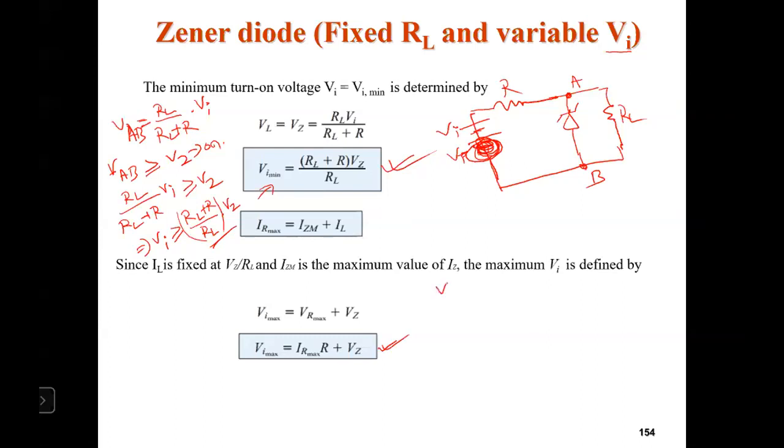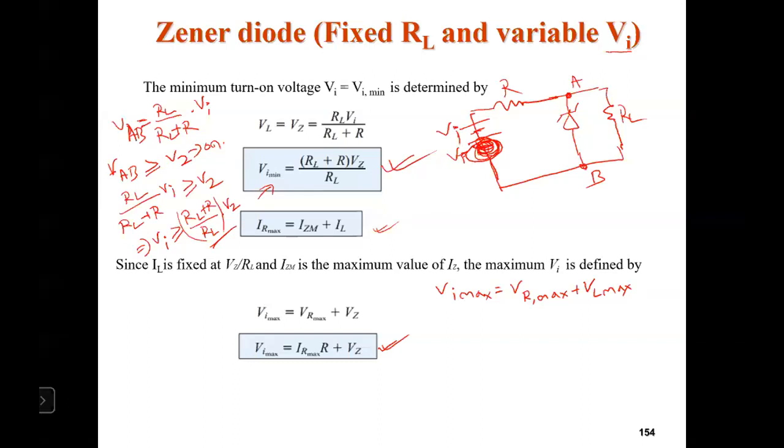You know that your Vi max will obviously be equal to VR max plus VL max. Whatever formula has been derived or written, don't look at it. We'll derive it, just concentrate on what I'm writing.